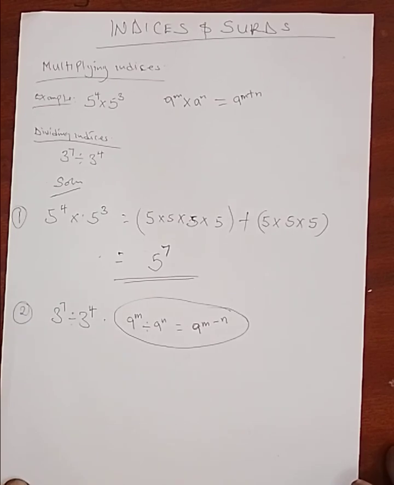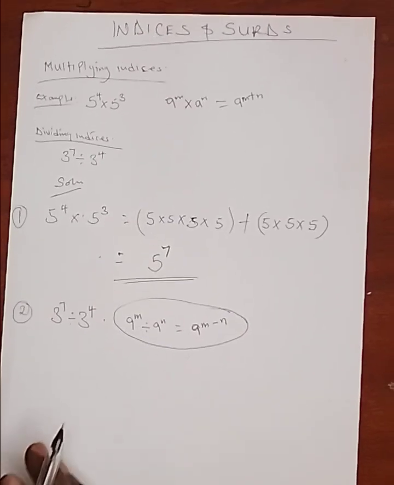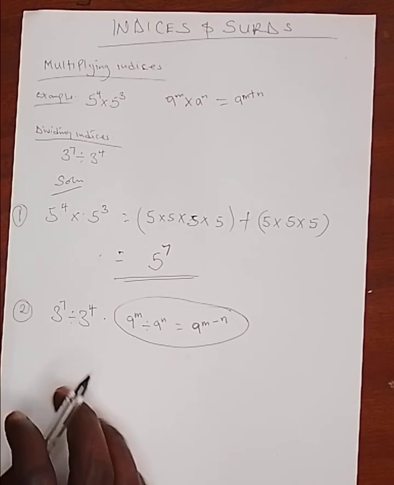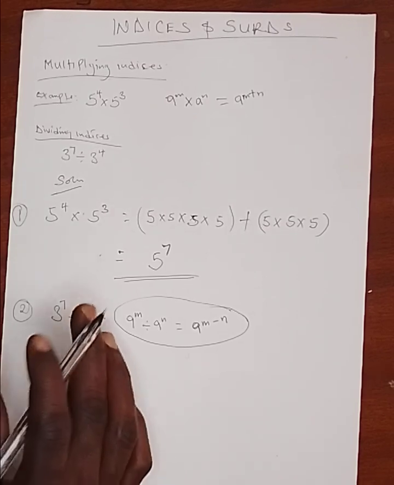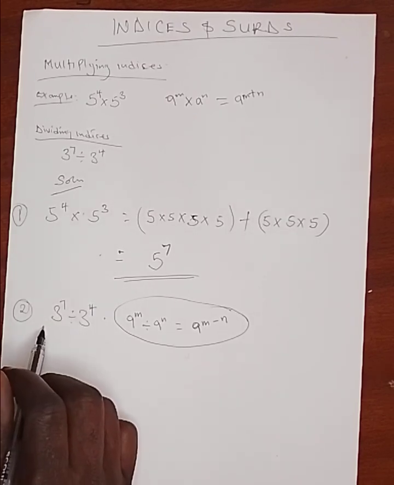This is your equation, so when you are dealing with division of indices, remember this equation. So now let's go and divide our equation. How are we going to divide it? It's the same way.